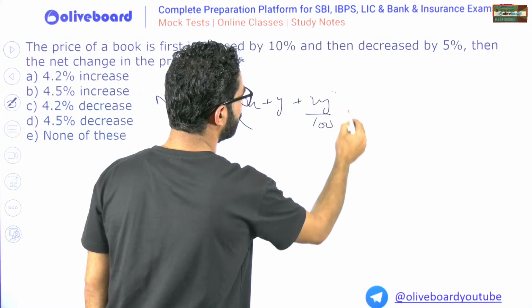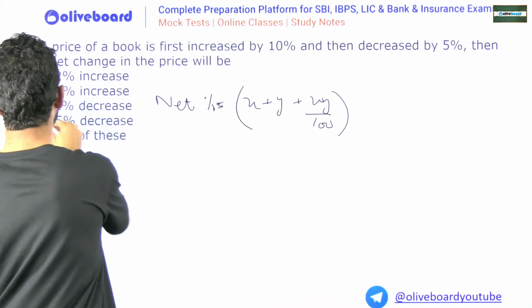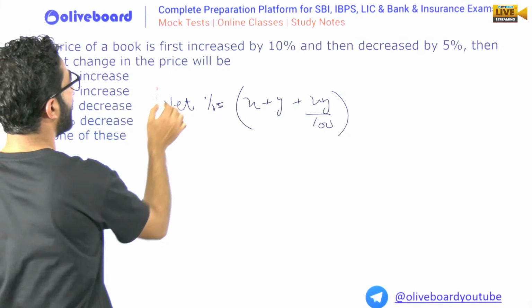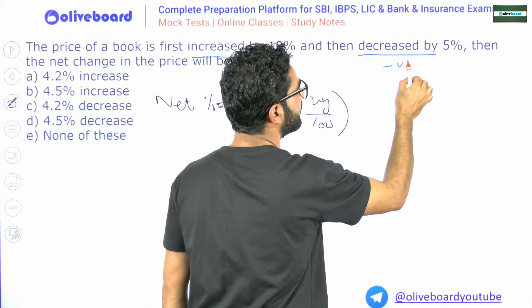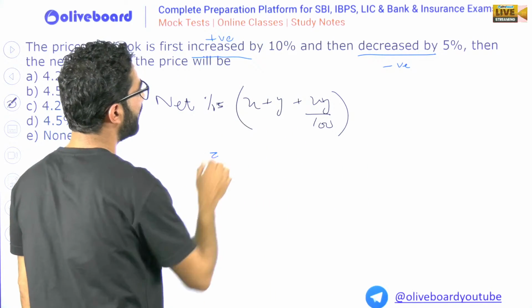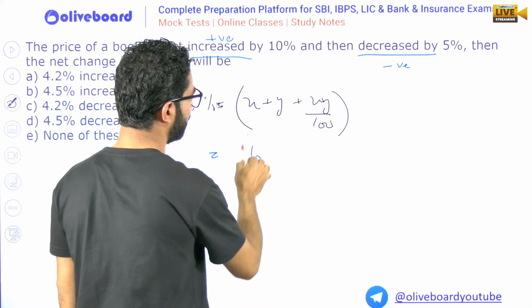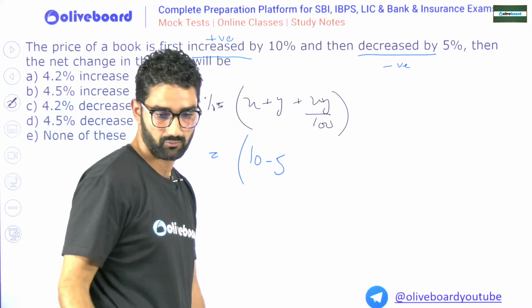This is the formula used to calculate the percentage change. One thing you have to remember: if we have an increase, take it as positive. If it is a decrease, it is taken as negative. So we have first an increase by 10%, plus, then 5% as minus.